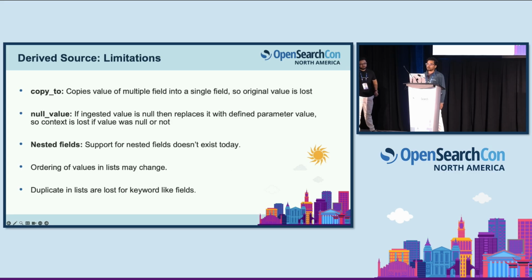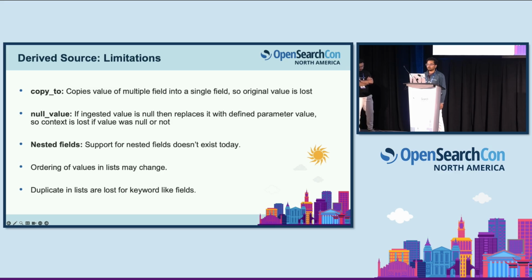Now let's talk about some of the mapping parameter limitations which we have as of now. We have copy_to, which we know copies the value from multiple fields into the one field where we have configured this parameter, and because of that we lose the actual source context in the doc value, so it's difficult to reconstruct.